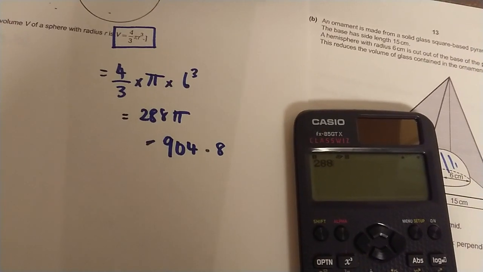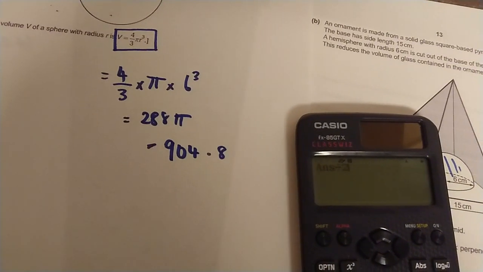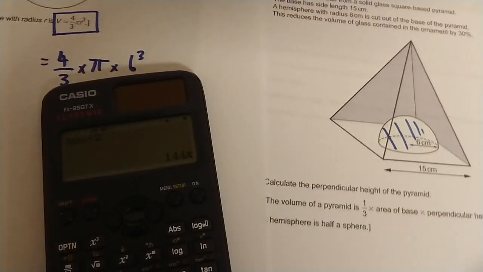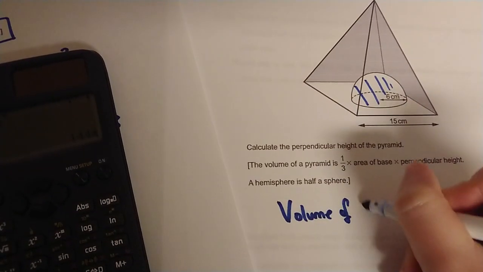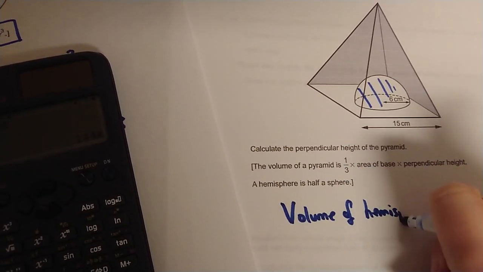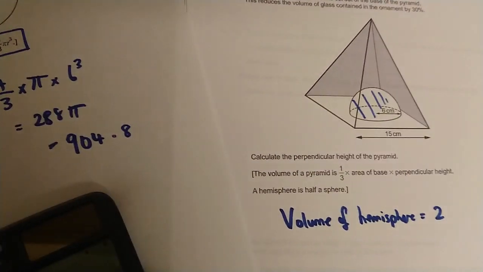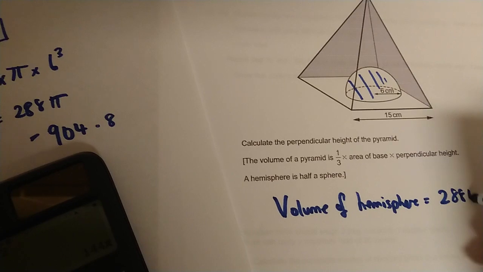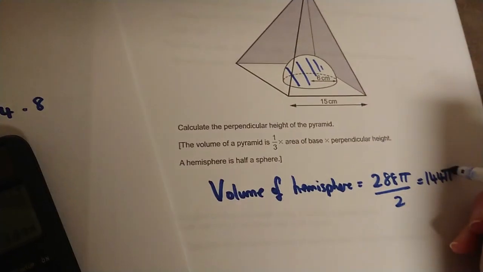I'm going to divide that by 2, so it's obviously going to be 144 pi. So the volume of the hemisphere, I'm going to put here just to show you what I've done. So 288 pi divided by 2, so that is 144 pi.